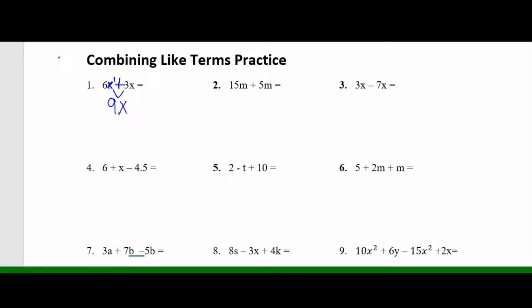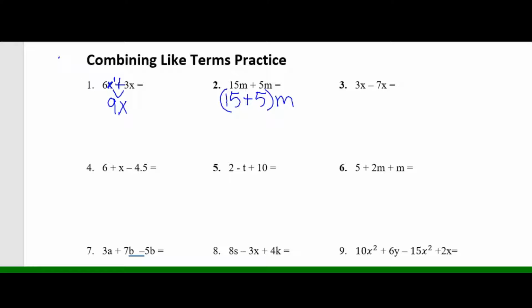The next one, we have 15m plus 5m. Now you can factor out the m because they are like terms. The plus sign will stay the same in the middle, and then you can put this in parentheses.